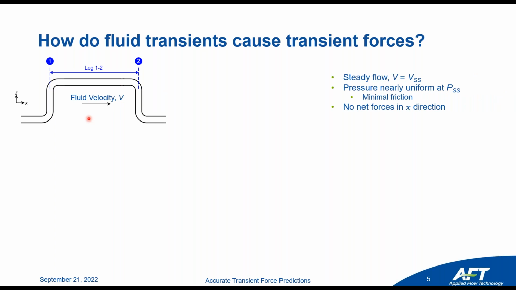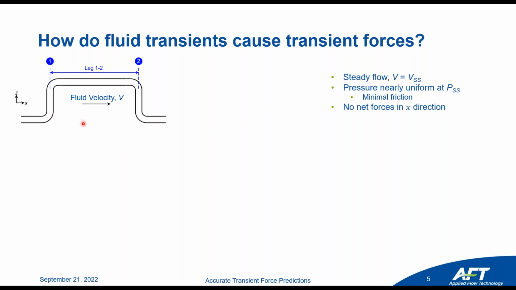Initially the flow is steady, and right now we're going to confine ourselves to talking about liquids. The same thing applies to gases, a little more complicated, but the same principles apply. But let's just talk about liquids for the moment. We have a steady state velocity, and we're going to say the pressure all the way through the piping has minimal frictional loss, so the pressure is nearly uniform through the piping.